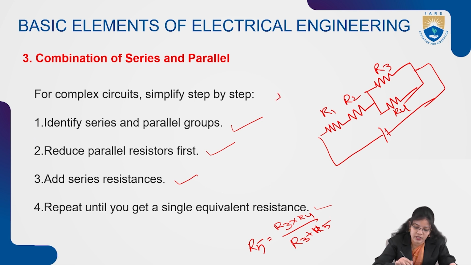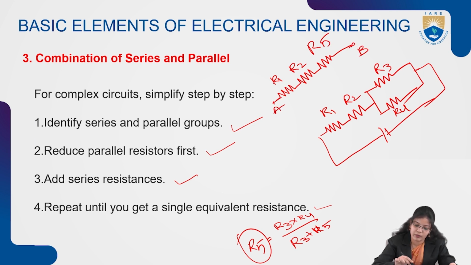This will be reduced as, here the 3 resistors will be connected in series which are R1, R2 and R5. Now the resistance across points A and B will be connected in series, which will be calculated as R equivalent is equal to R1 plus R2 plus R5.